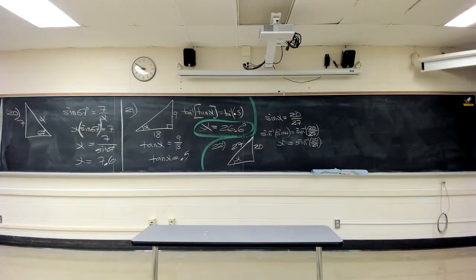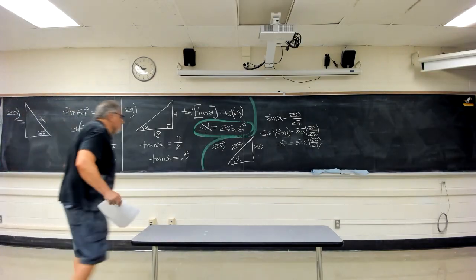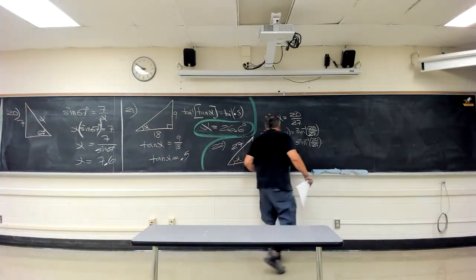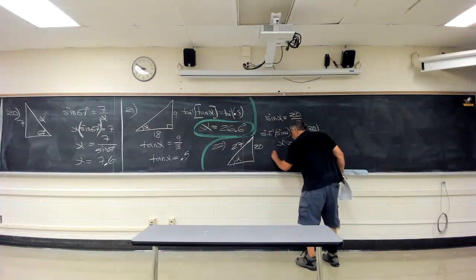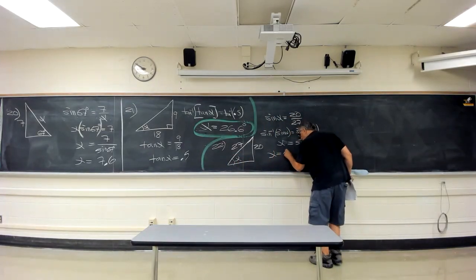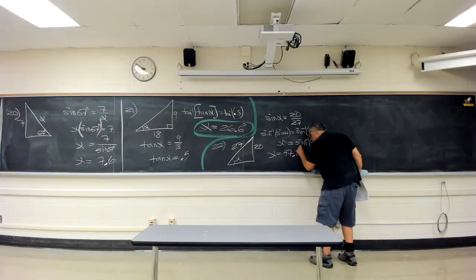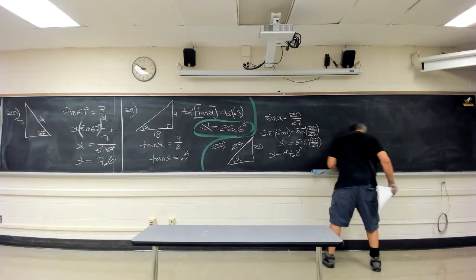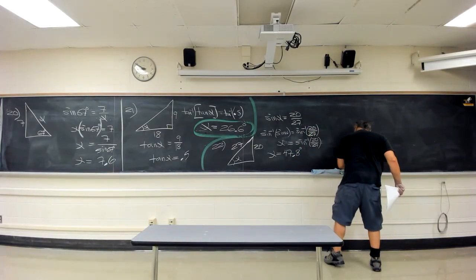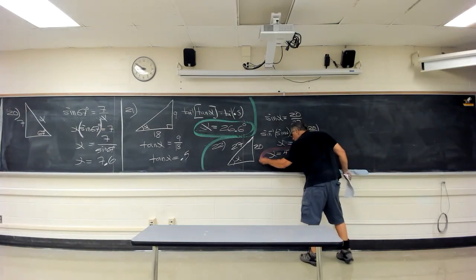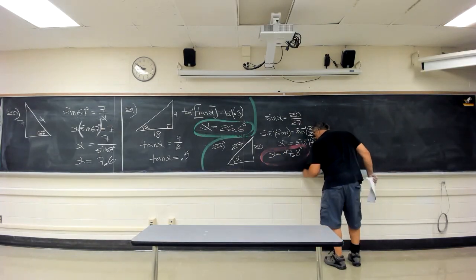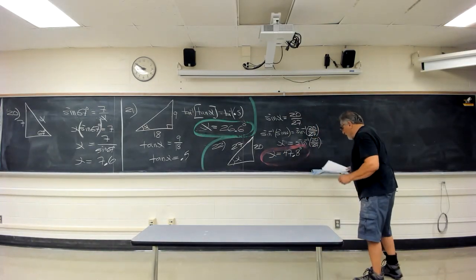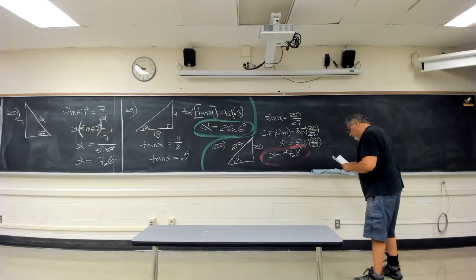How about 47.8? Not bad. That was 22, 47.8 degrees. You got it. Round your answers to the nearest tenth.